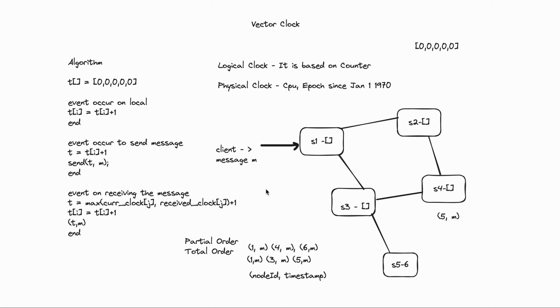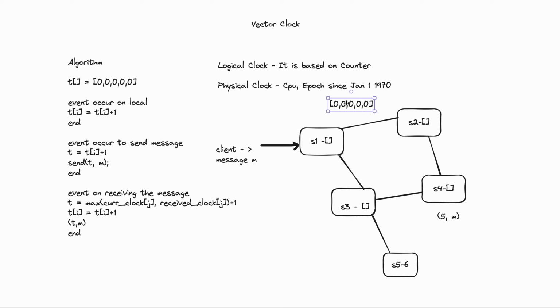So the client sent the message. We will see this one. Now the client sends a message. Now the server receives the message, and it increments the counter for the event.